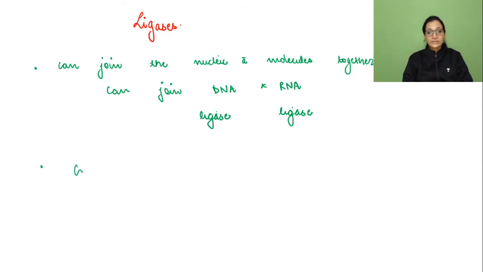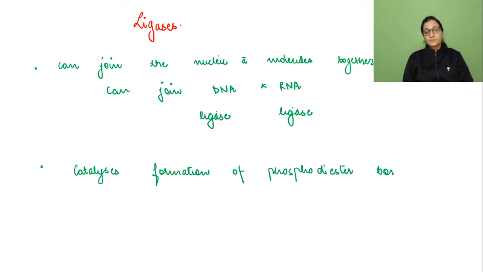So it catalyzes the formation of a phosphodiester bond, ligation in the form of a phosphodiester bond between the 5' phosphate of one strand and the 3' hydroxyl of another strand.